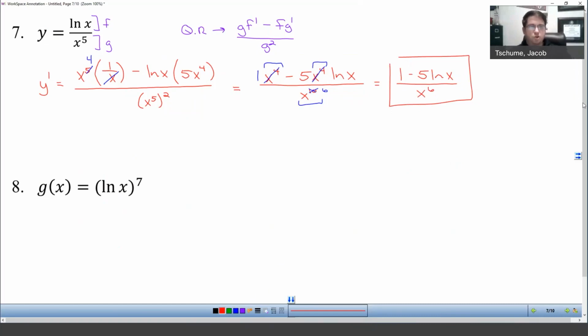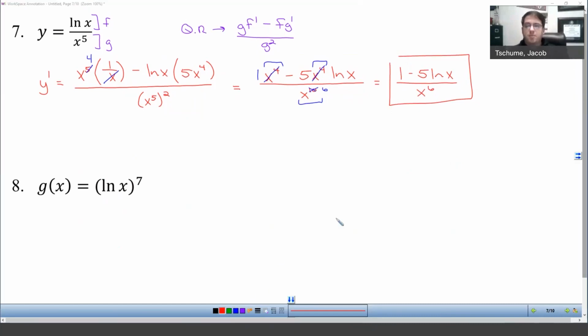So that's quotient rule. Number 8 is an example of the chain rule using natural log, which really isn't too bad. Number 8 says find the derivative of g of x equals the natural log of x all raised to the 7th power. Since the entire natural log is raised to a power of 7, this technically means you have to do the chain rule. We haven't done chain rule in this video, so let's review that.